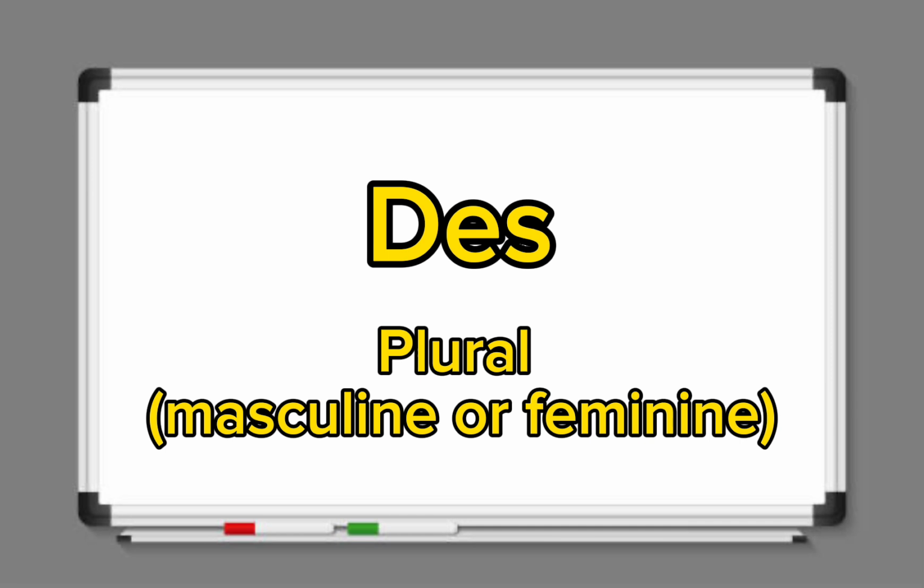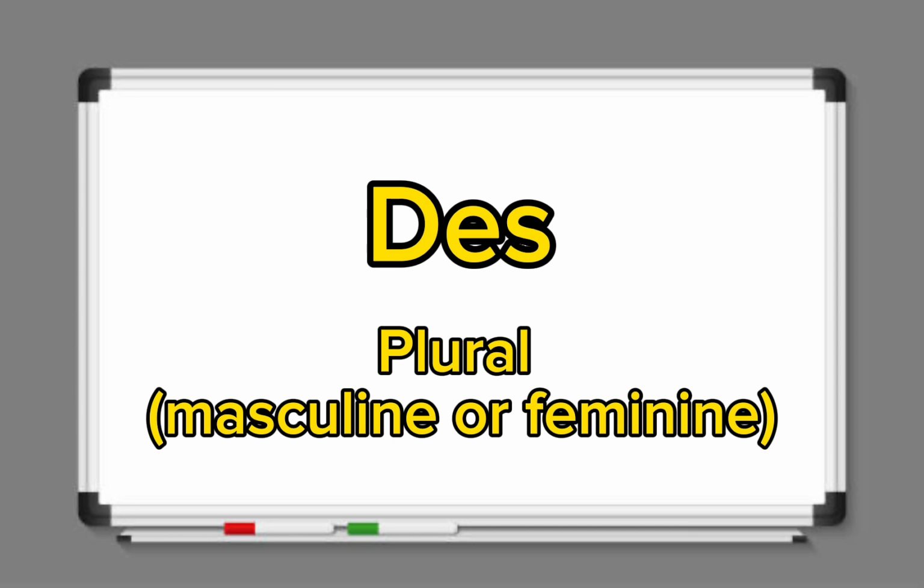When we use a plural noun, you have to use des whether the noun is masculine plural or feminine plural. With both nouns, with both genders, we have to use des. So it's easy, no? It's des. Here we don't concern about the gender of the noun. We concern about whether the noun is plural or not. So we have to use des.